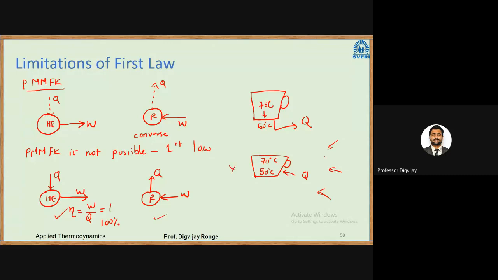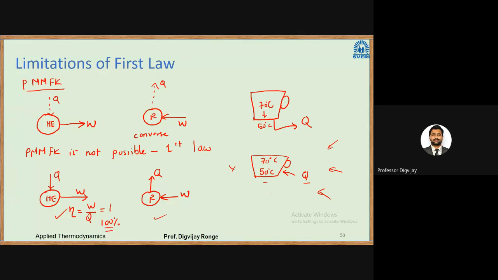Okay? Gathering the heat from surrounding, again supplying to the water cup, and then its temperature increasing again to 70 degrees Celsius, it is not physically possible. But first law says that it can be possible, because we are just converting one form of energy into another. So this is the limitation of the law. First limitation is, it says that any machine can have 100% efficiency.